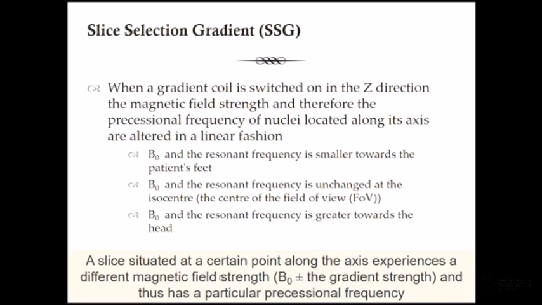So it experiences the B0, which is our magnet, plus or minus the gradient strength, depending on whether it's superior or inferior to what we selected as our ISO centre. So it has a different precessional frequency, depending on how far along the table it is.